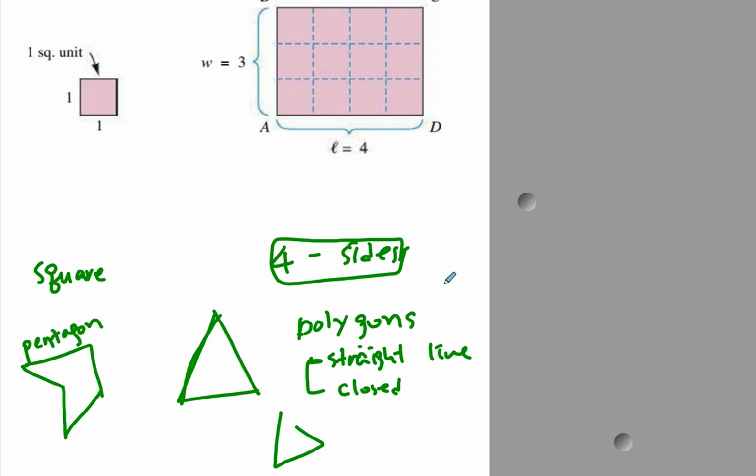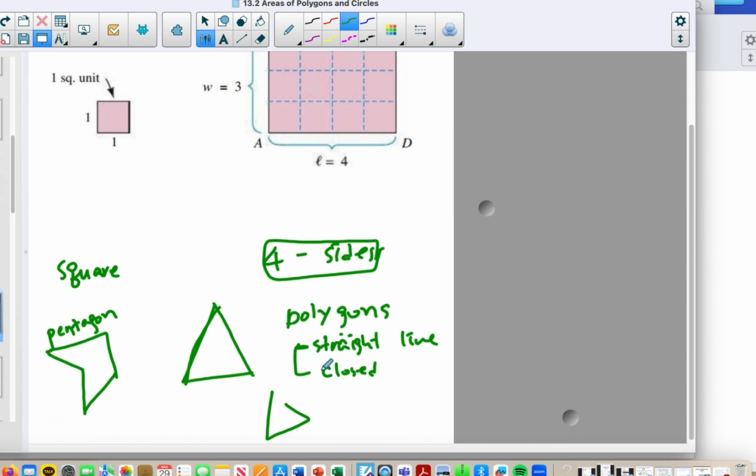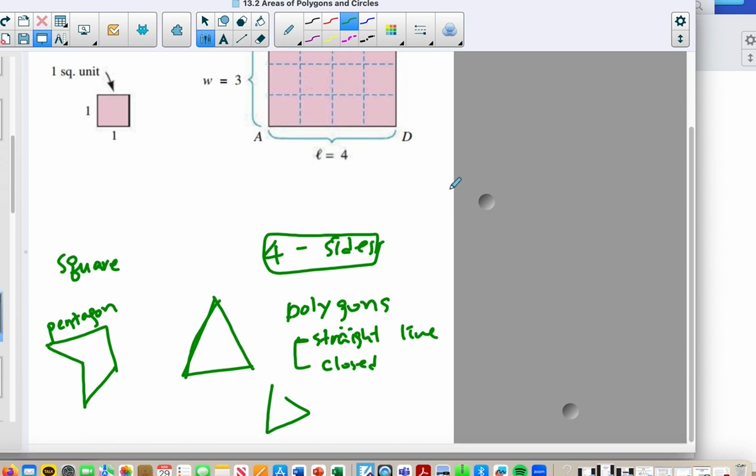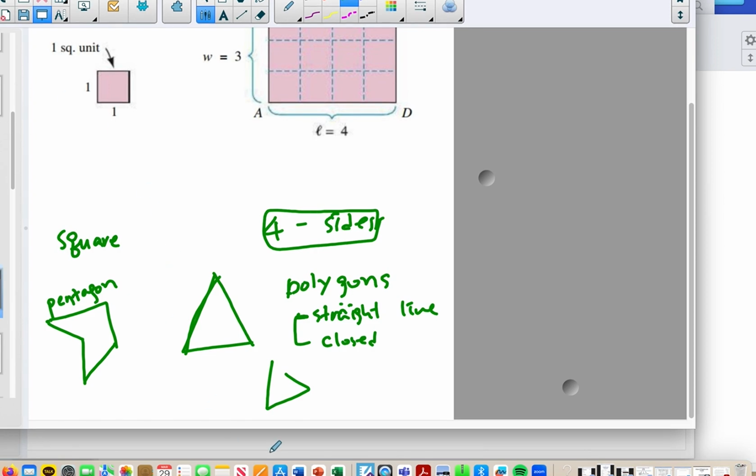When I say pentagon, maybe you can think about a regular pentagon. I'm trying to make it bigger. Hold on.